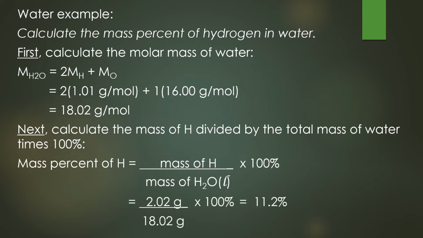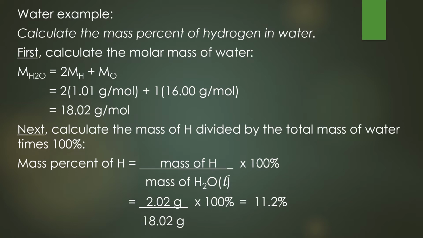And when you plug in your numbers, just keep in mind that for the mass of hydrogen on the top, you have to take into account there are 2 moles of hydrogen, so you have to do the 2 times 1.01 on the top, divided by your total mass of water, which is 18.02 grams, times 100%. And it equals 11.2%. So that means of the total mass in water, 11.2% of that mass is hydrogen.